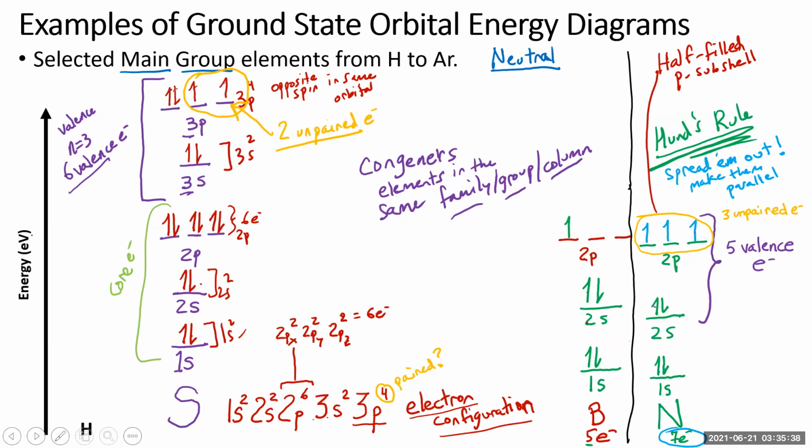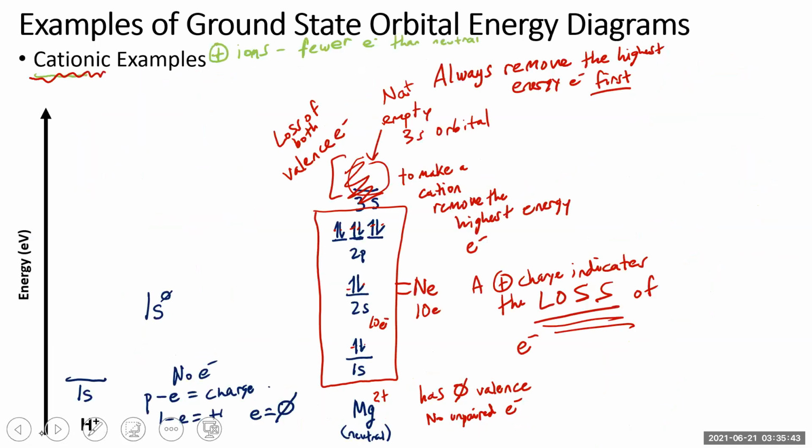They may not be realistic charges on those atoms, but it might still help. For neon, we found that there's quite a few ions, both positive and negative, that are isoelectronic.